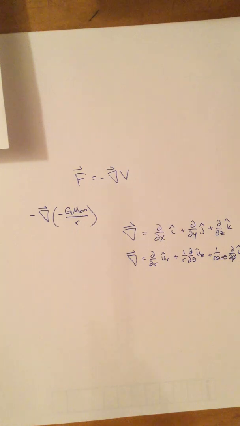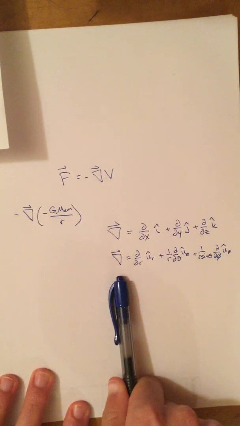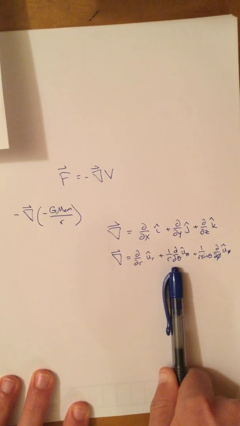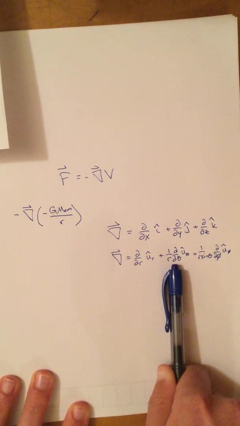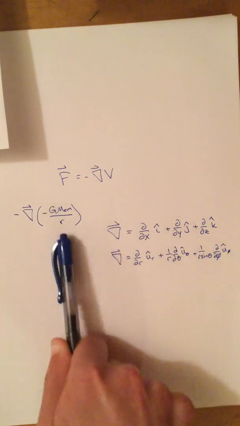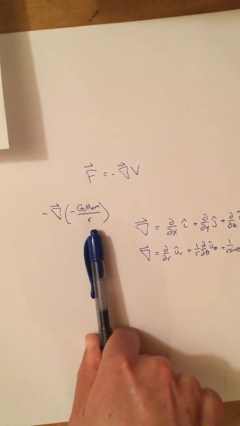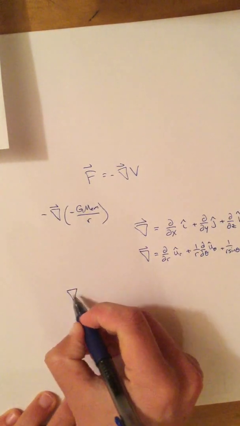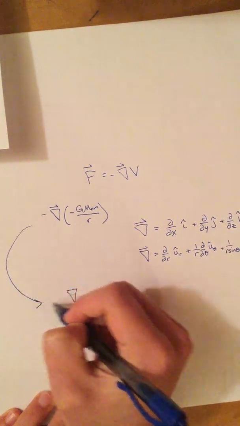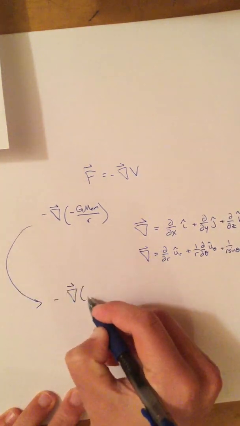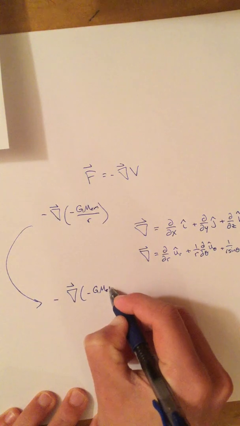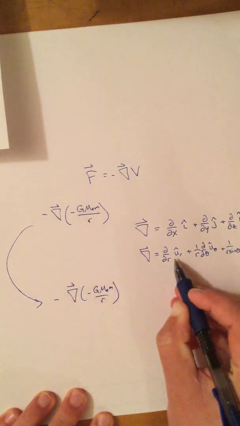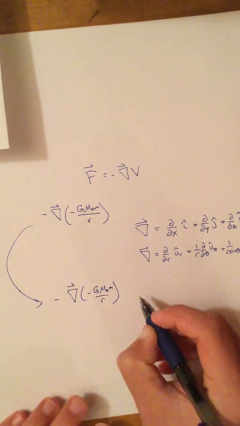Okay, now this is del in spherical coordinates. You're taking the partial with respect to theta and phi for these terms here, but the only variable that you have here is r. So when we do this, if I write down the negative gradient of what I have here, it's only going to be this term which is non-zero.